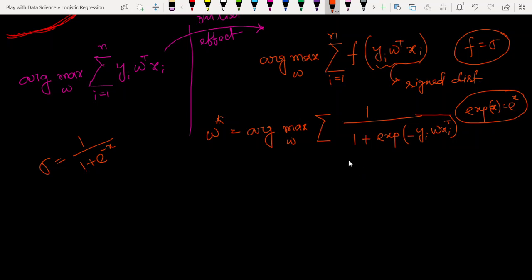The benefit of this function is that it is less impacted by outliers. If an outlier point appears here, we try to minimize its distance. This is the main concept.